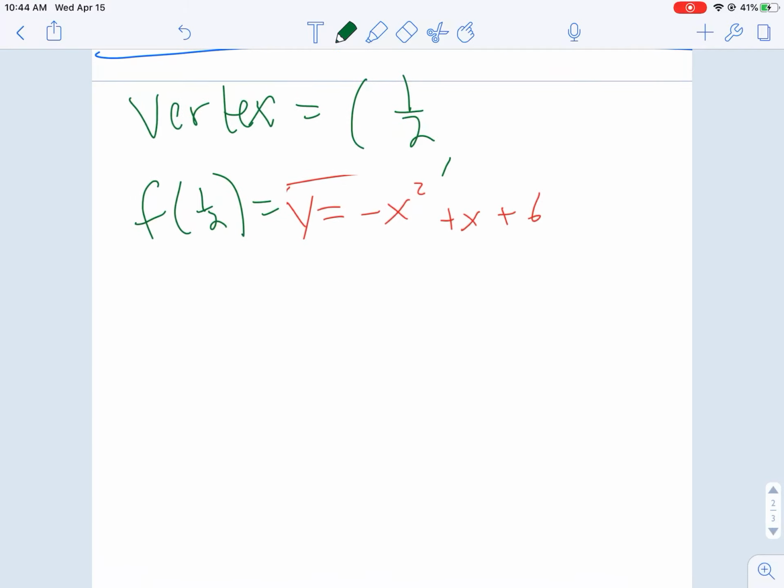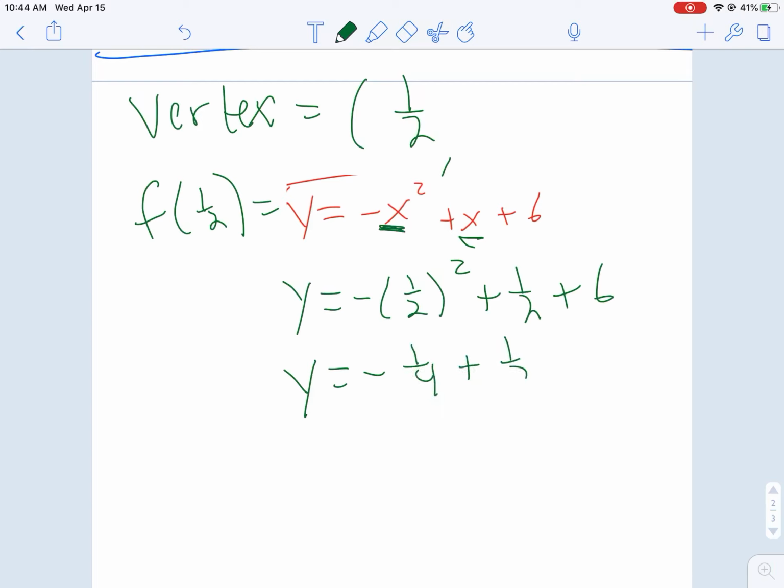Okay, so we're going to plug in 1/2 into all these x's. So I'll get y equals negative parentheses 1/2 squared plus 1/2 plus 6. Remembering my order of operations, this gives me negative 1/4 plus 1/2 plus 6.